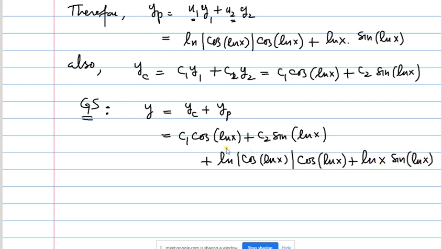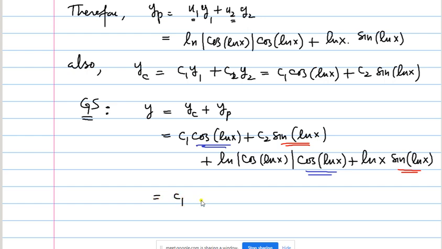Now if you want, you can combine them. You see this cosine is common, so you can combine them. Similarly, this sine is common, you can combine them. If you want to combine, you can, otherwise no problem.